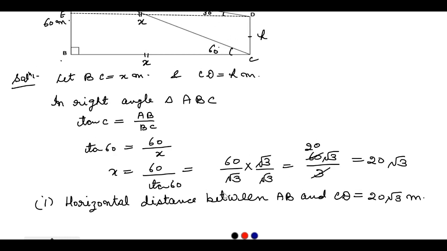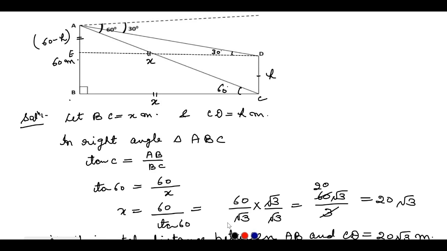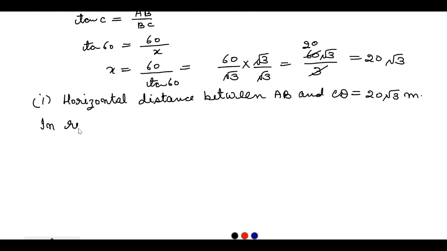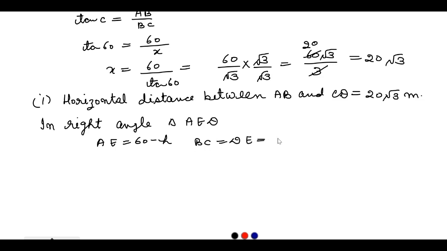Now consider the second right angle triangle AED. AE is equal to 60 minus H and BC is equal to DE is equal to 20 under root 3. Again applying tan ratio, tan 30 is equal to perpendicular upon base, AE upon DE.